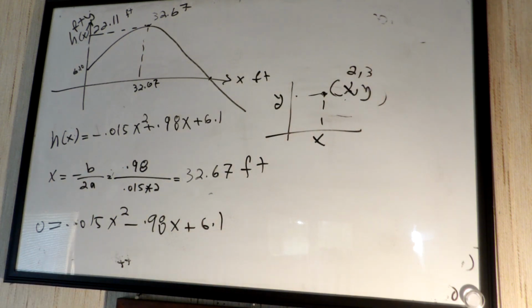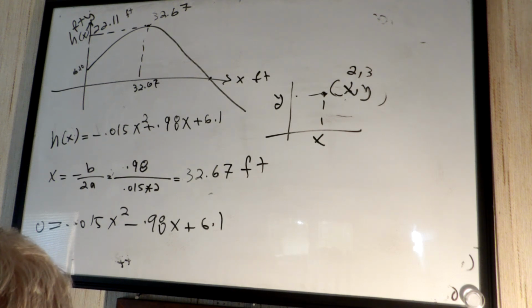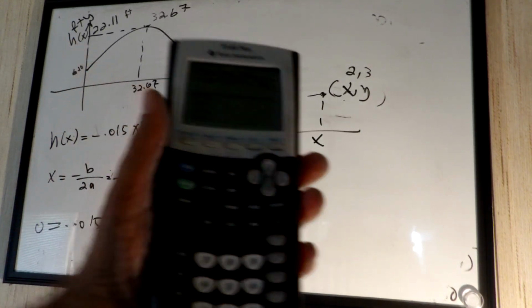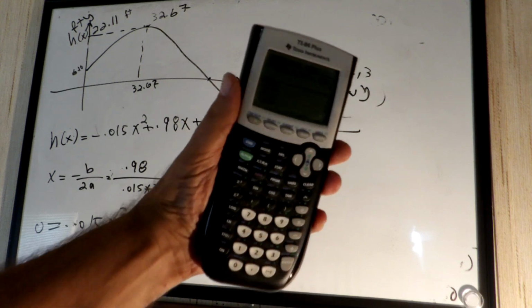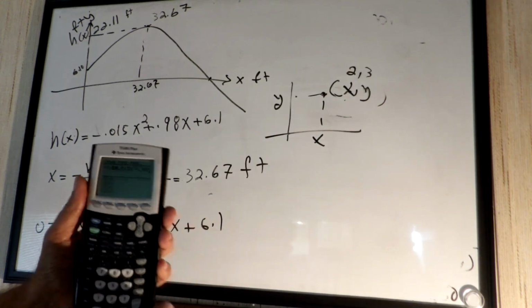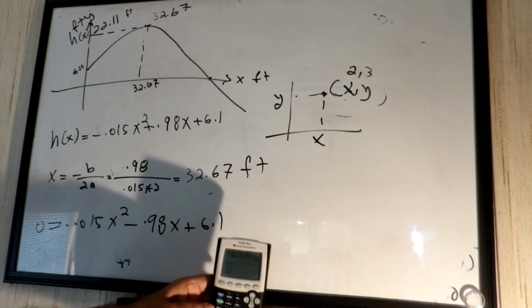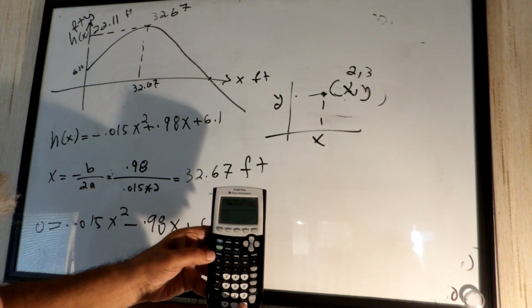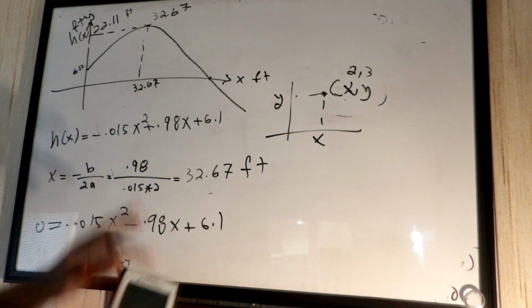What I do, I put this in the calculator. I don't know if you can see it or not. You use minus here: the first minus is this one, minus 0.015, and this.